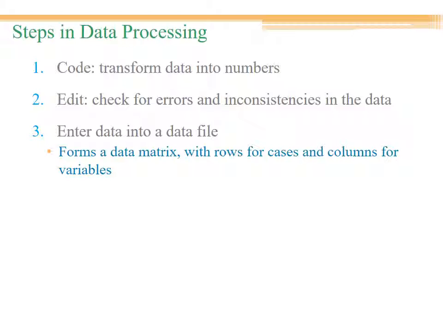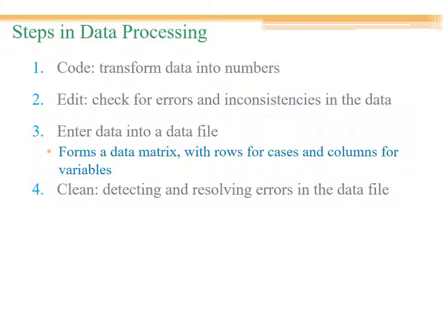This is also called a data matrix, where each row represents a case. So for your questionnaire, each person that completed the questionnaire is a case. And the columns are for each of the variables, or each of the questions that you asked your individuals. Lastly, researchers clean the data file to detect and resolve any errors in it.